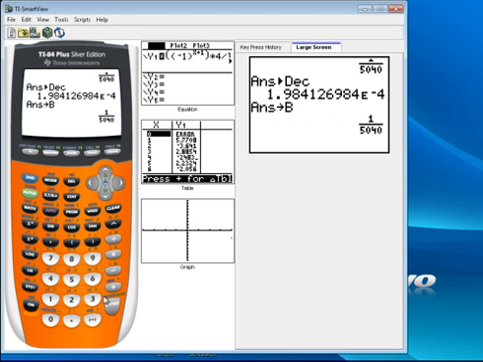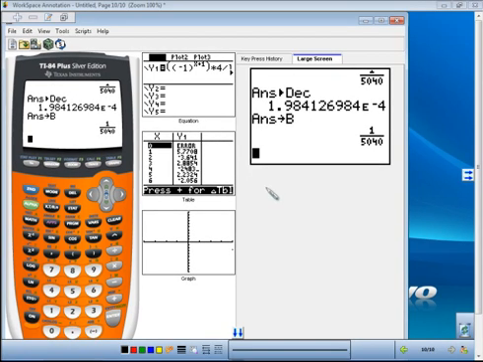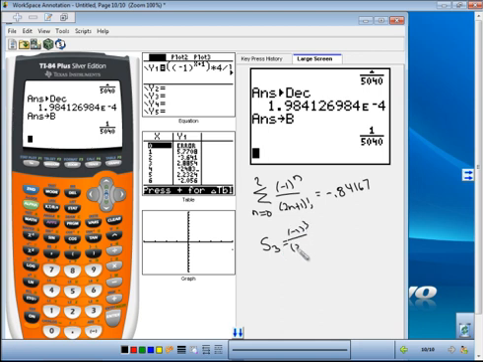Okay, so just to give you an idea of what we were doing, okay, we summed the first two terms of my series using my calculator, and that was negative 0.84167. Okay. The third term is approximately 0.0001984.